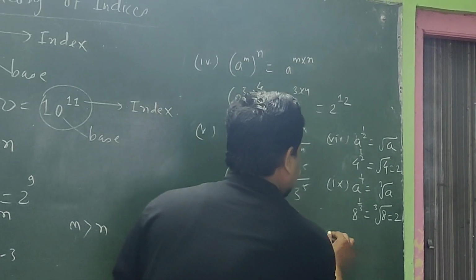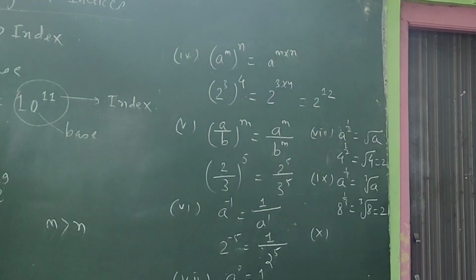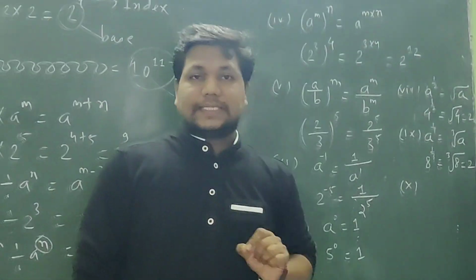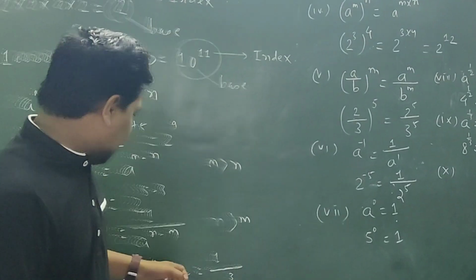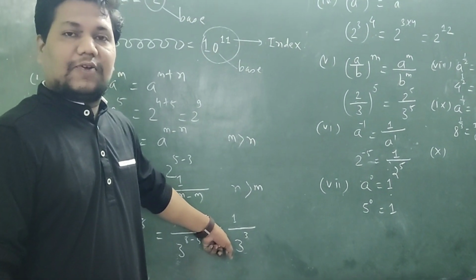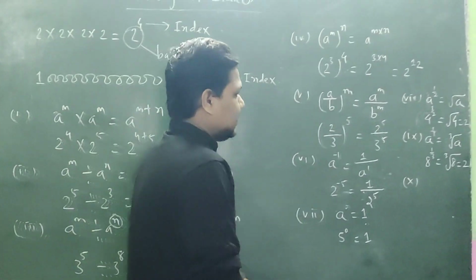Now the last thing: if something has a negative power, then like I did here, we have to take that in the denominator and make the power positive. Let's see.